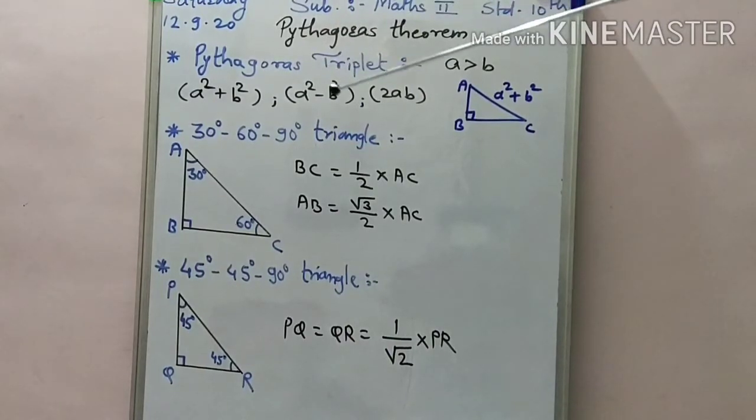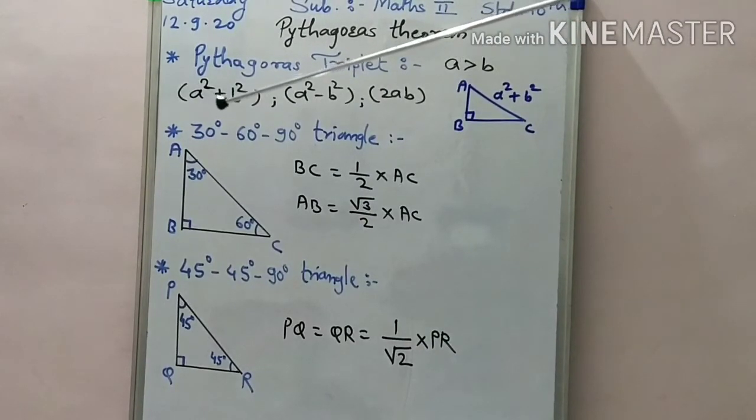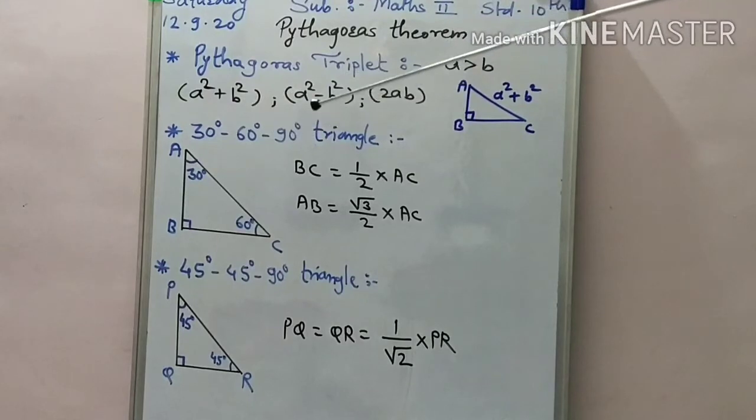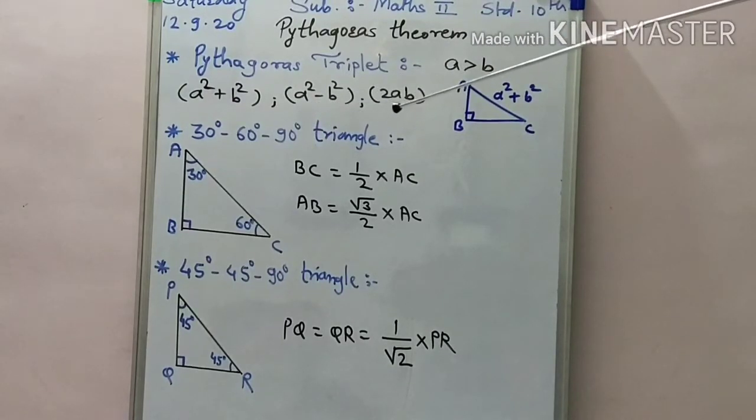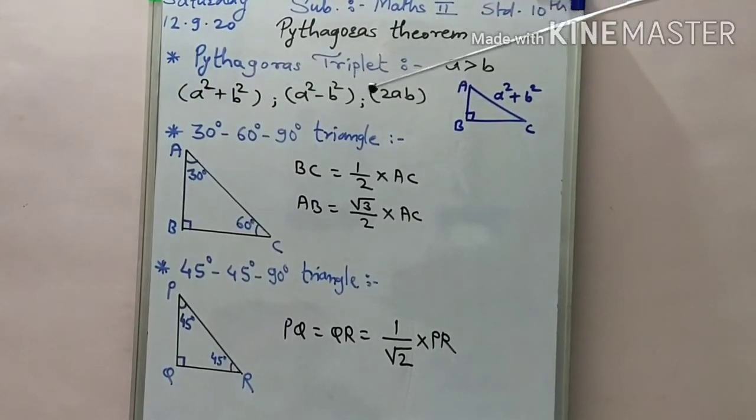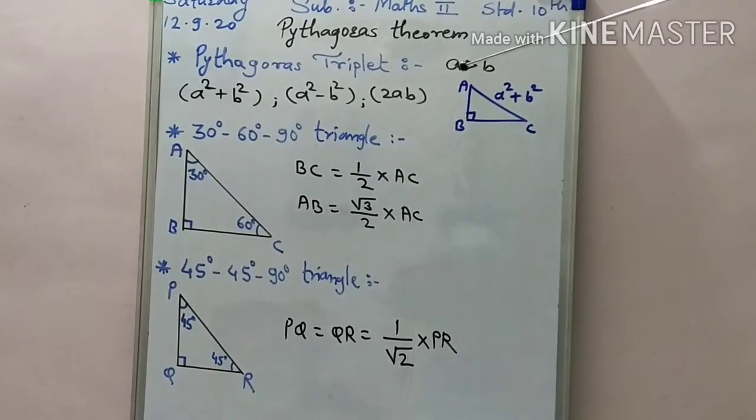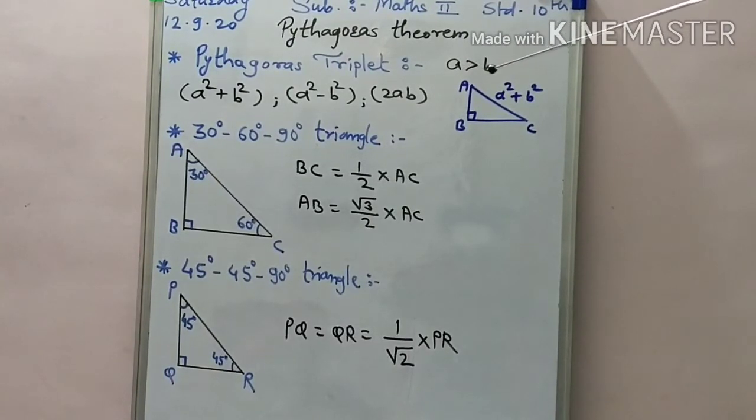The triplet means three values which form a right angle triangle. So a square plus b square, a square minus b square, and 2ab are the three values, where a and b are two natural numbers and the condition is that a is always greater than b.